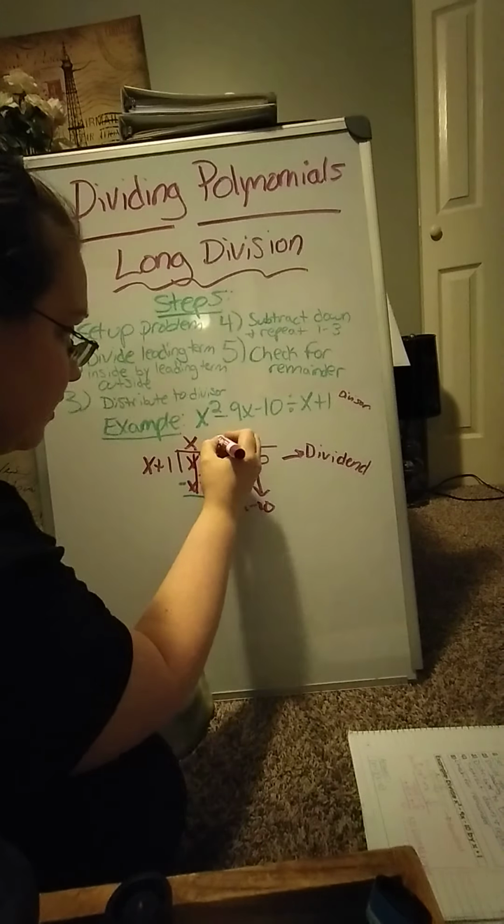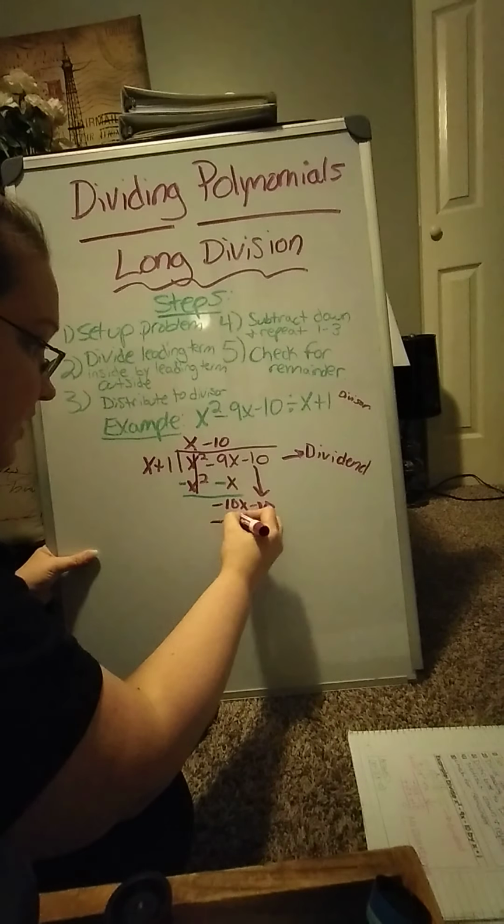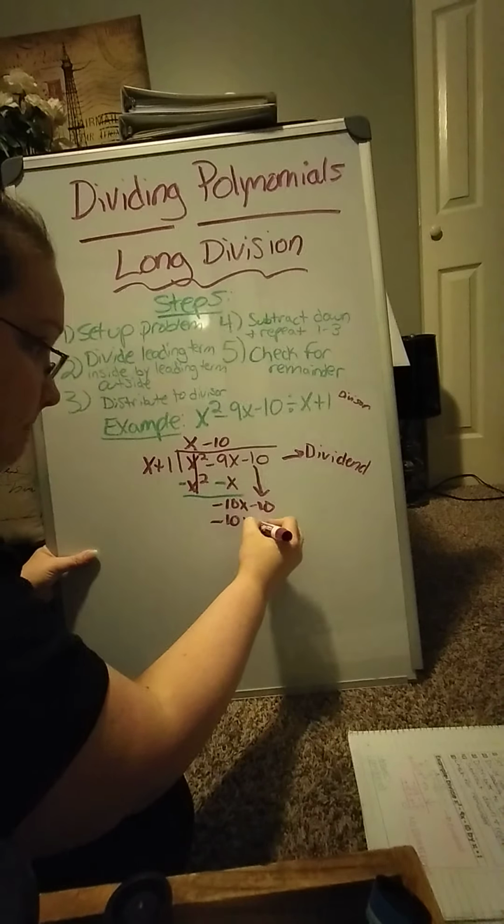And then I multiply my outside by that minus 10 that I just found. So I do x plus 1 times negative 10, and I get negative 10x minus 10. Step 4, change the sign so we can subtract down. So these guys are going to become pluses, so we can subtract down.